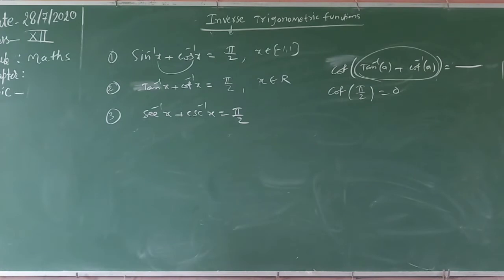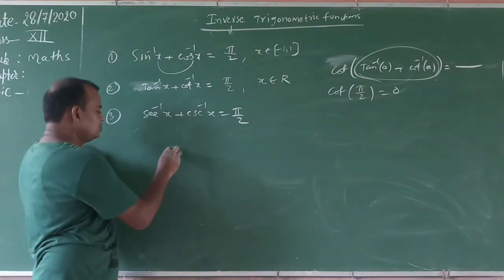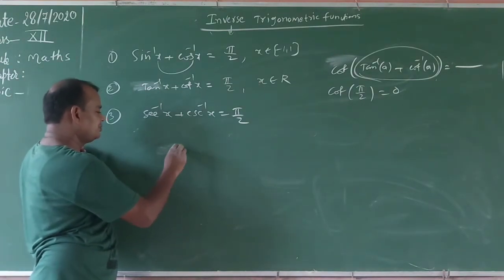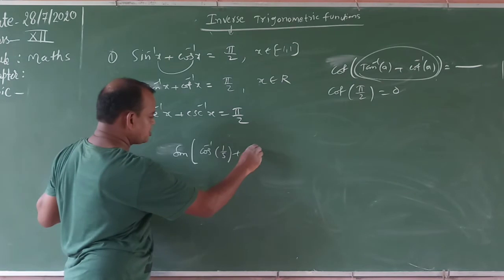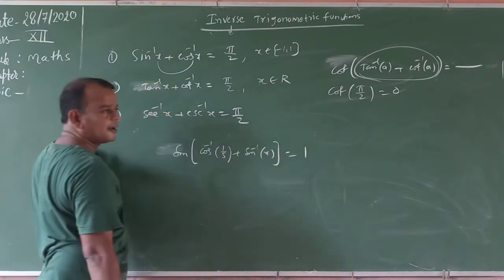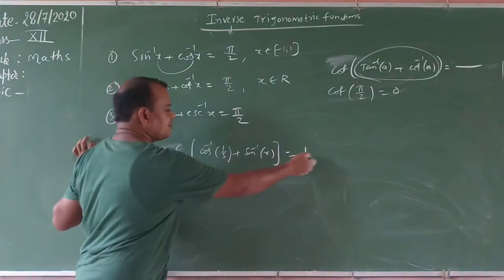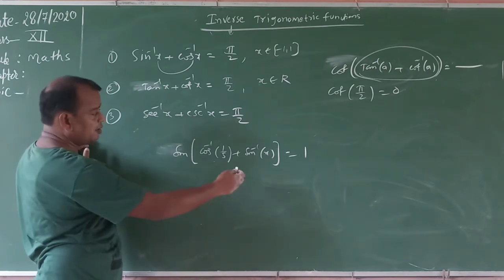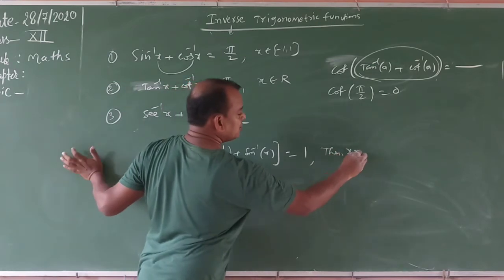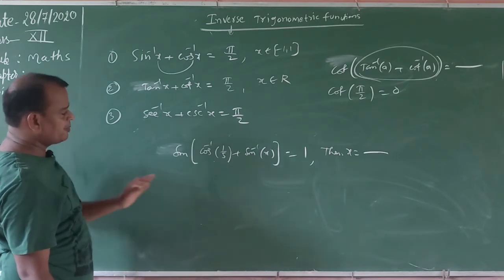But suppose in the examination, listen carefully: sin of cos inverse of 1 by 5 plus sin inverse of x is equal to 1. Then x is equal to what?